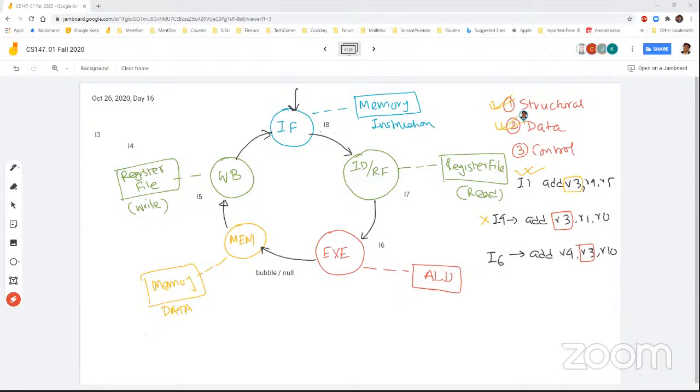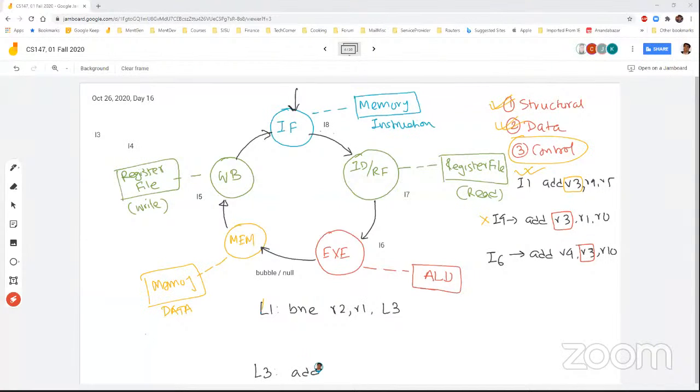Now about the control hazard. What is that hazard? Let's say in a program my instruction is this: BNE, if R2 and R1 are not equal, then jump to L3.